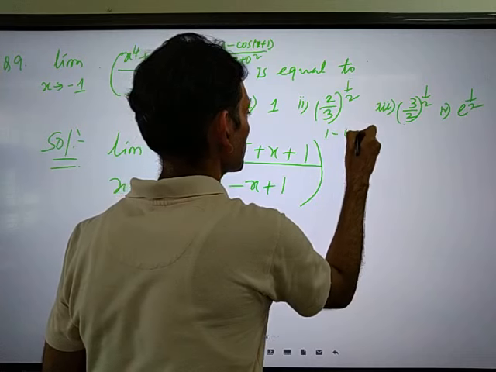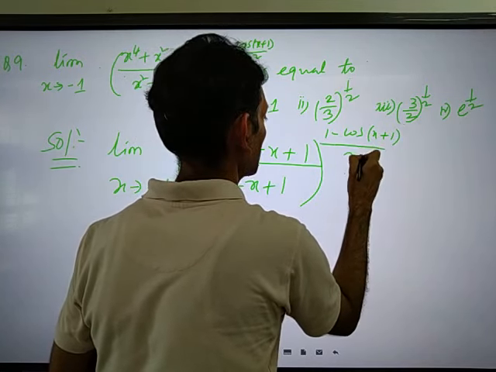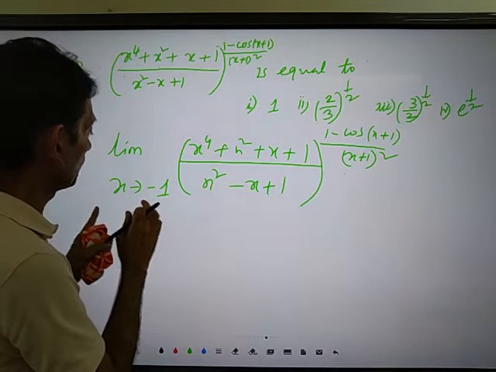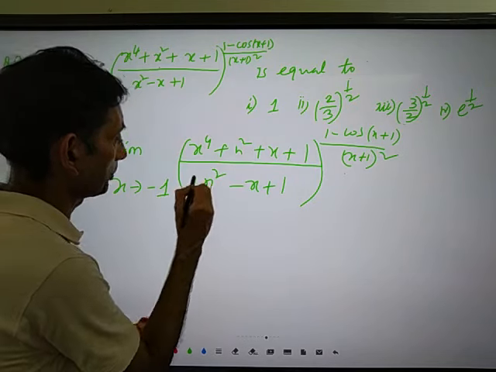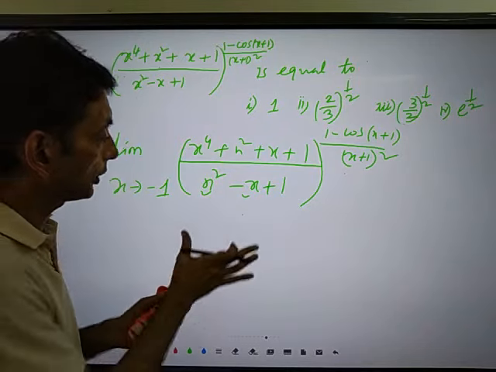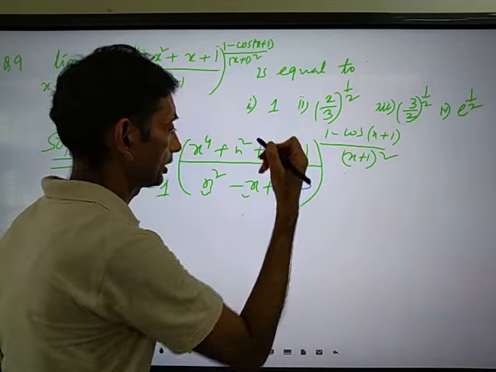That 1 minus cos(x plus 1) divided by (x plus 1) whole square, right? Okay, now check this base, like for x approaches to -1. This will be +1, and this is also +1, and this is already 1. So you are going to get 3 here in the denominator.